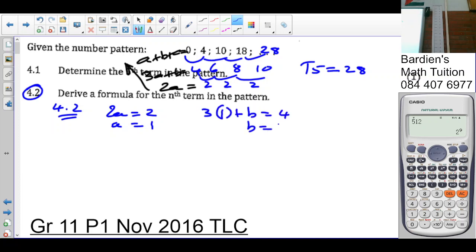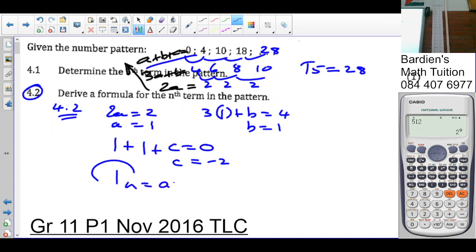So b is equal to 1. Then we know that a plus b plus c is equal to 0, which means that c is minus 2. So Tn is equal to an squared plus bn plus c. So it's going to be a is 1, so it's n squared, b is 1, so plus n, minus 2.